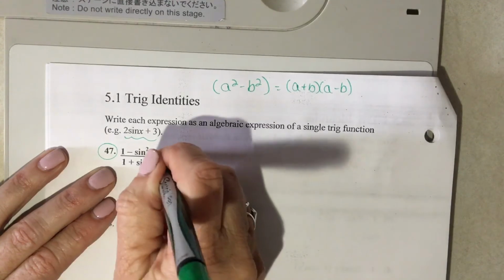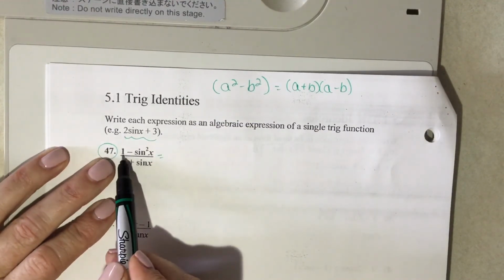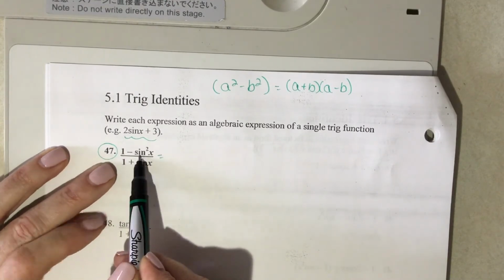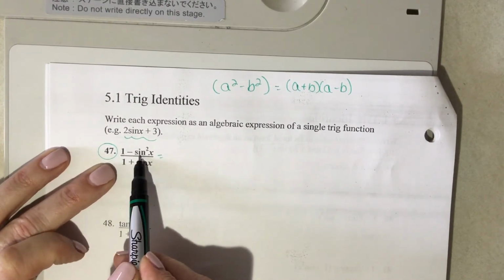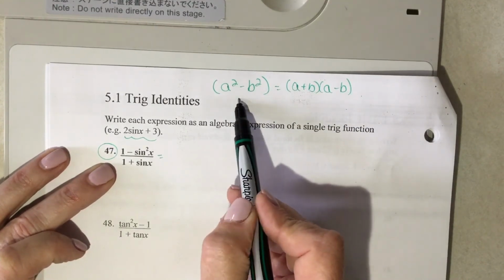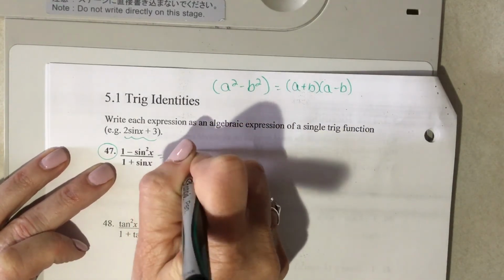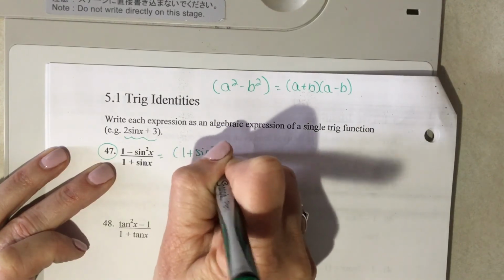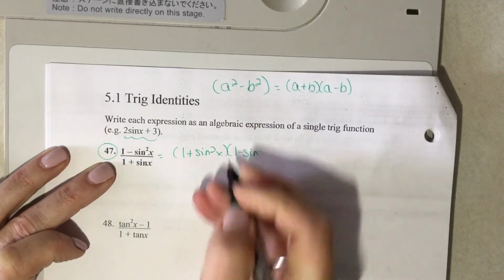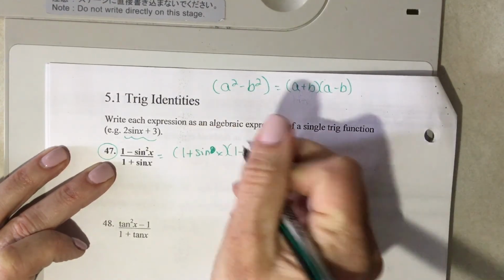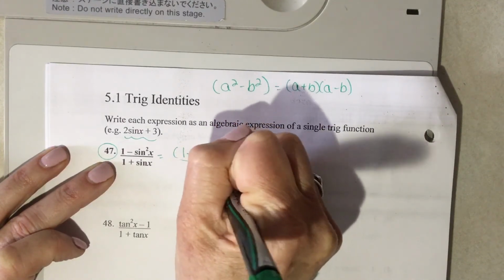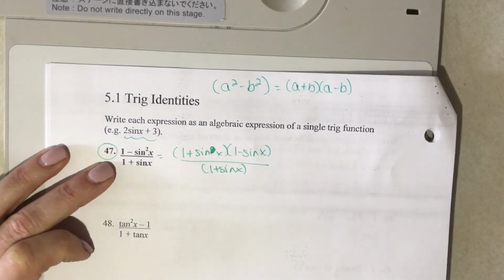So what I notice on the numerator is 1 is a perfect square because 1 times 1 is 1. Sine squared is a perfect square because sine times sine is sine squared. So I have this situation here of a squared minus b squared. So I'm going to take 1 plus sine x times 1 minus sine x, all over 1 plus sine x.